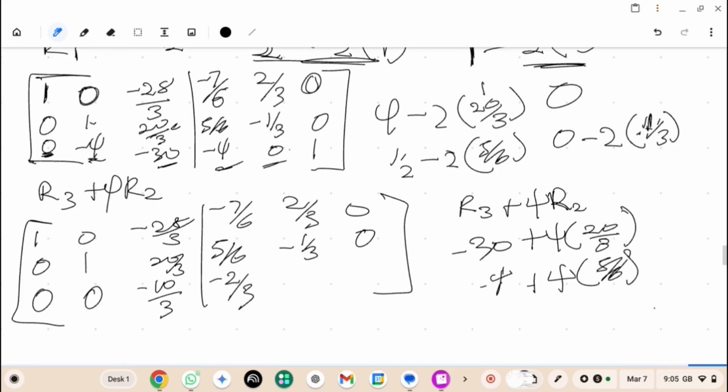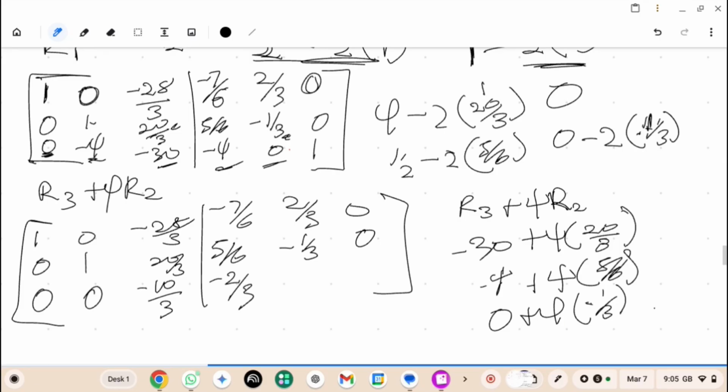Perform the same action here. So this time is 0 plus 4 multiplying this negative 1 on 3. We get negative 4 on 3. Negative 4 on 3 here.